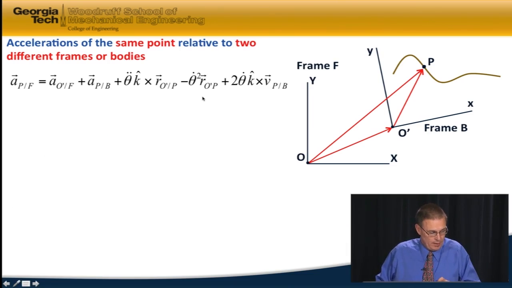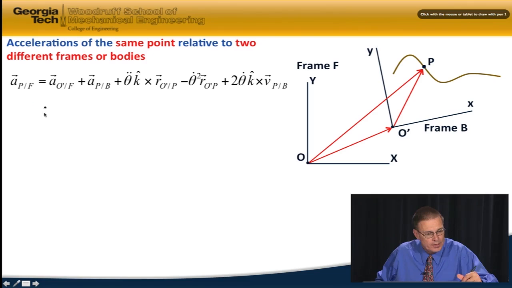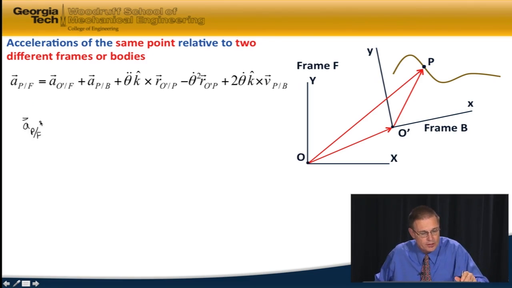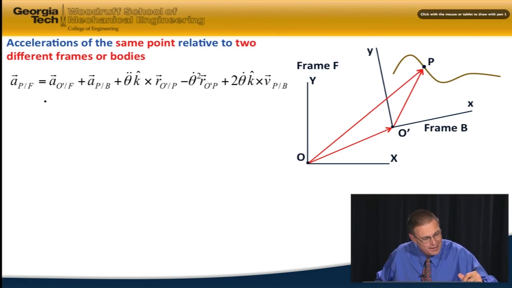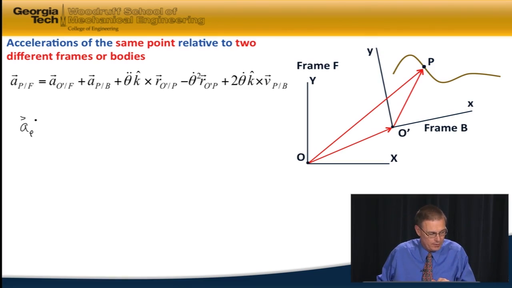Here we go. And so let's go ahead and write this in a little bit of a shorthand and define each of these terms. So this is the acceleration of p with respect to f, so that's the acceleration with respect to the frame f. We're just going to call that the acceleration of p, because that's the absolute acceleration of p.